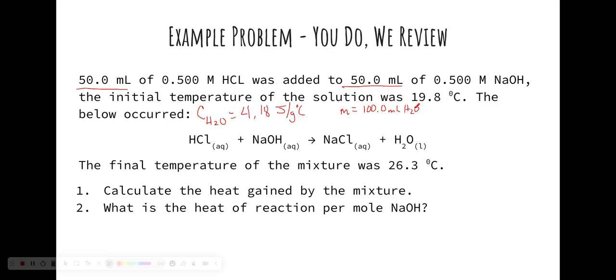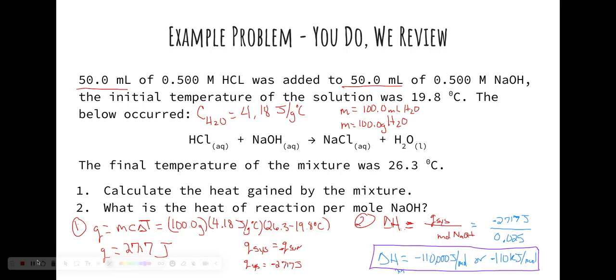And thankfully, water has that unique ratio where 1 gram is equal to 1 mL of itself. So if you have 100 mL of water, you actually have 100 grams of water. And with those ideas out on the slide now, you should be able to go ahead and do this on your own. So take a moment and try to get 1 and 2, and I'll be back with the answer so you can check.